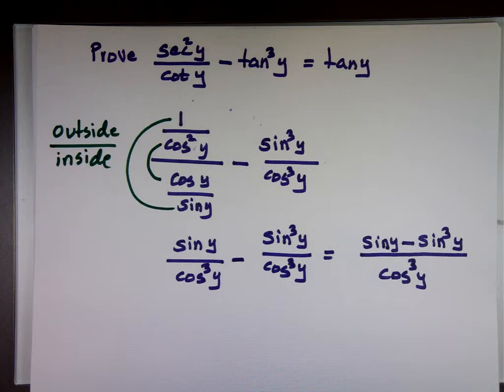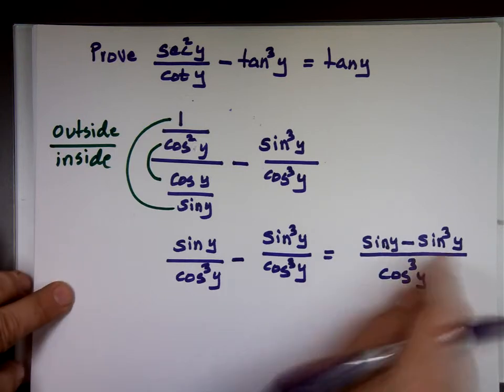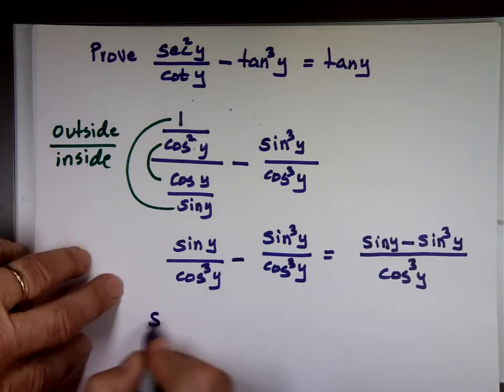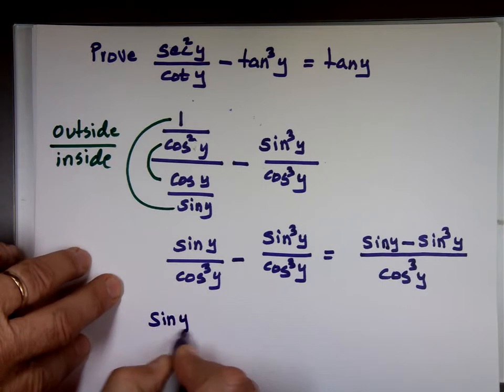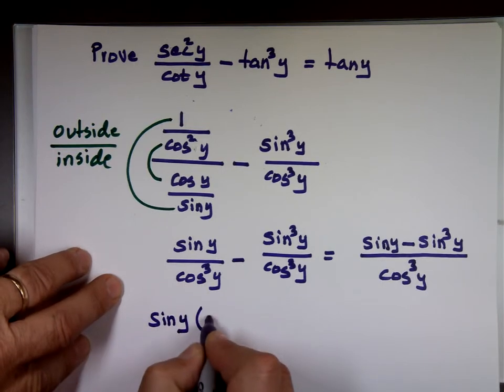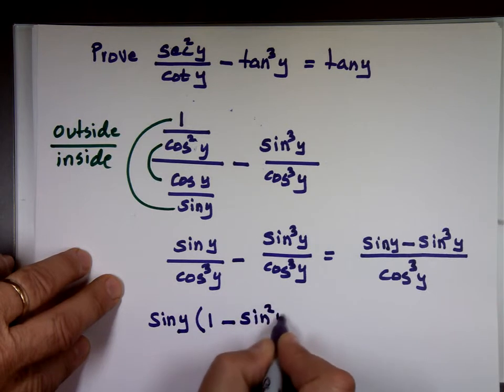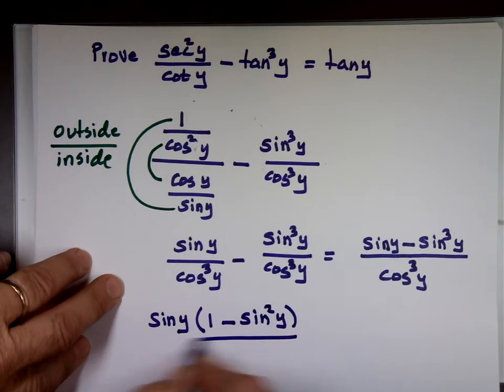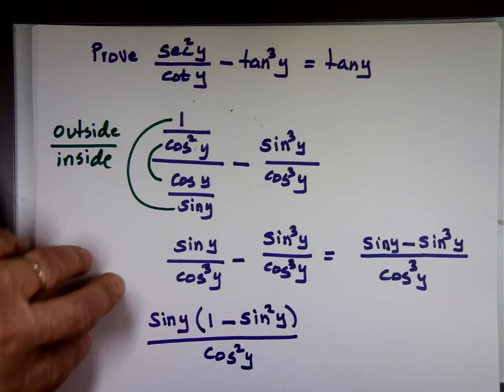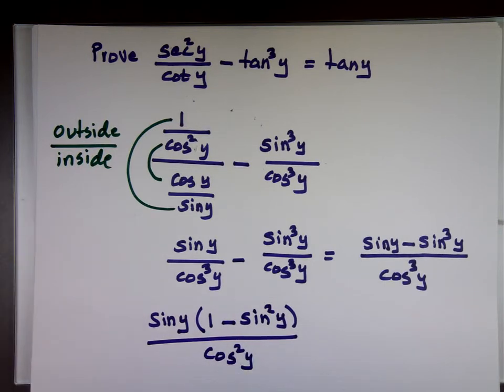Like I said, factor a sine out. What's left? 1 minus sine squared y.